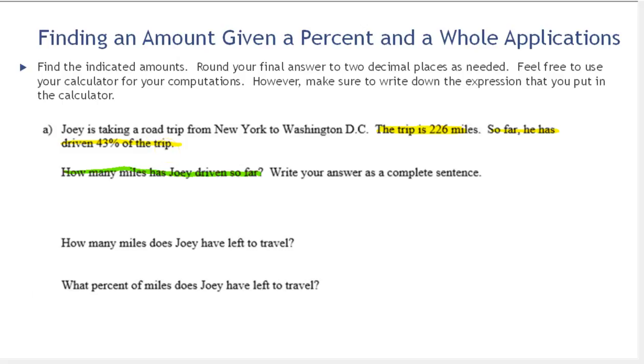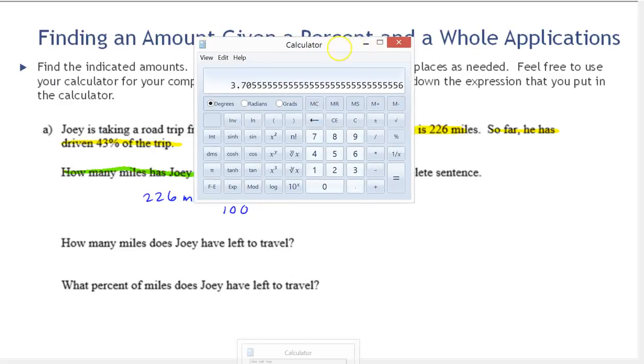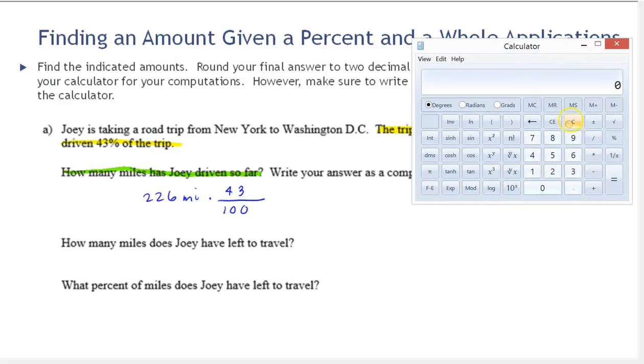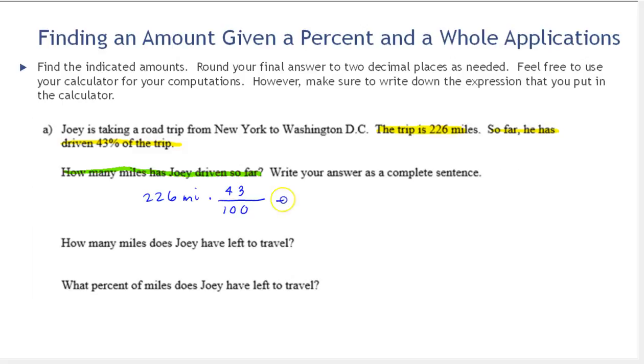So we want to take our whole 226 miles and find 43%, or 43 out of 100 of the 226 miles. So let's put this in the calculator. 226 times 43 copies of 1/100th, or 1% of the trip, gives us 97.18 miles.